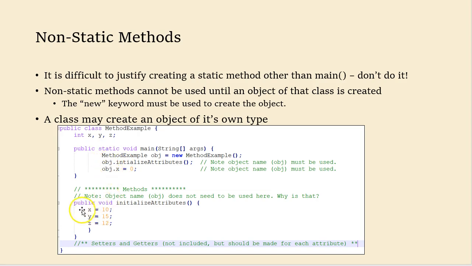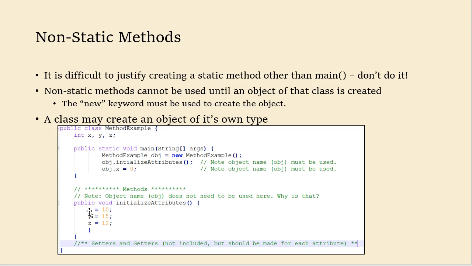So it already knows it's obj.x, obj.y, obj.z. And if I wanted to do an obj2 and an obj3 and an obj4, as soon as I say obj3.initializeAttributes, then that x would be already associated with obj3.